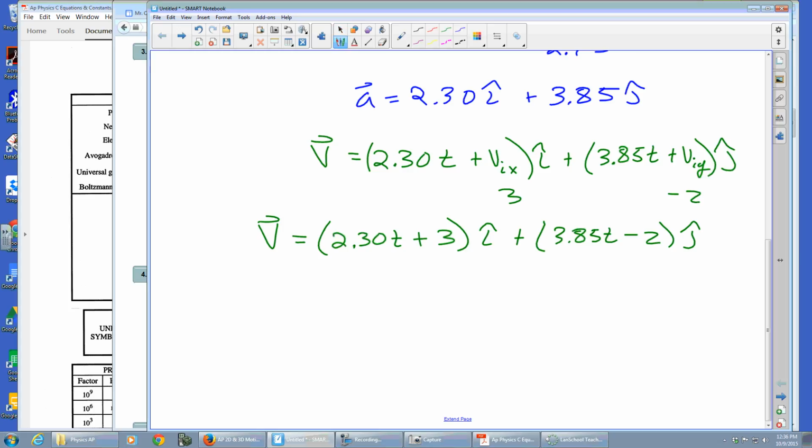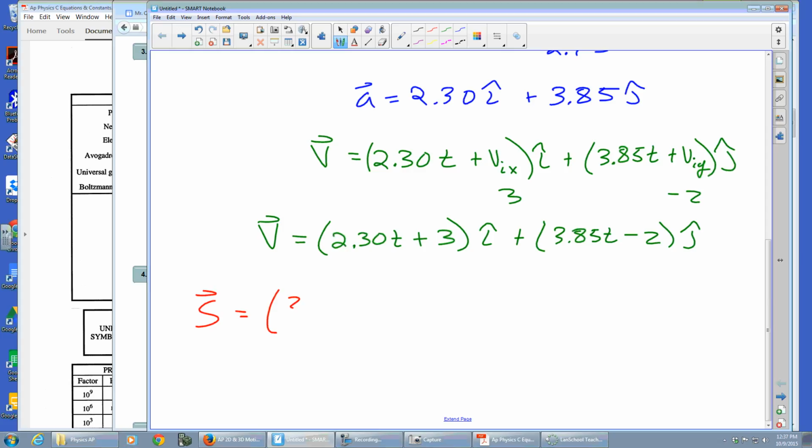Good thus far with that? Okay. And then I'm going to take the antiderivative again and get my position vector. And nicely in this one, it told me it started at the origin. So the initial starting conditions are 0. So I'm just going to leave those off and save myself a step.